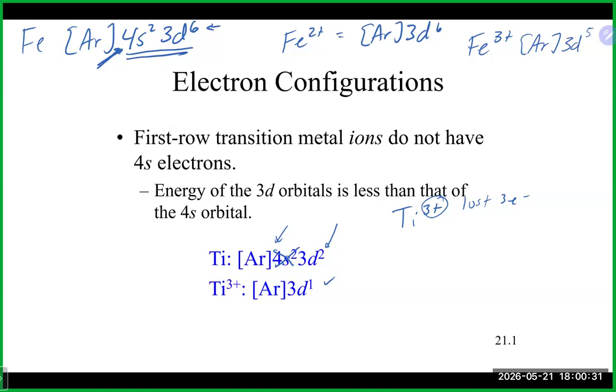So again, it's different from representative metals. When they lose electrons, they typically just take the electrons out of the last thing in the electron configuration, but with transition metals, it's always the s's first. They also typically, unlike representative metals, do not reach noble gas configuration by losing electrons, like, say, potassium, which loses 1 electron and ends up at the noble gas configuration.